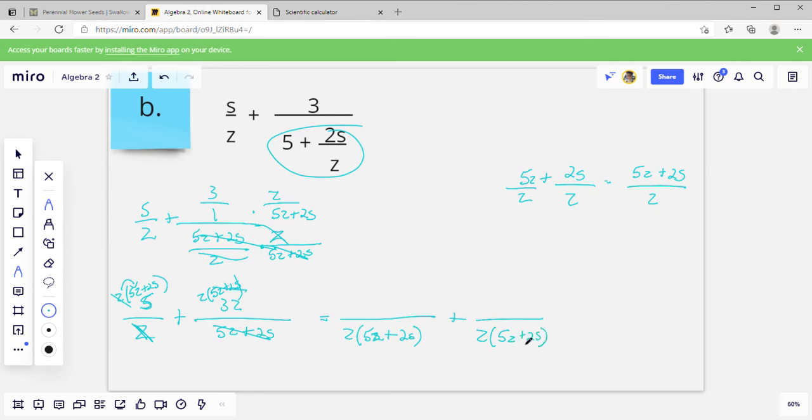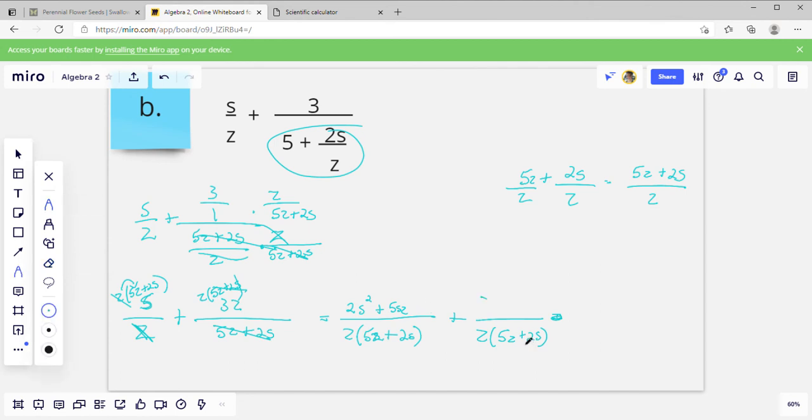Okay, and then on the top we should have 2S squared plus 5SZ plus 3Z squared. And over here, this could equal, see, that's if we've already added them together.